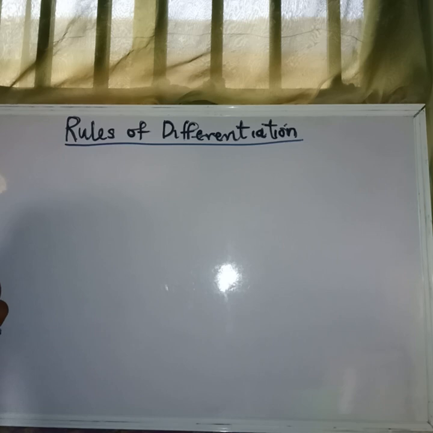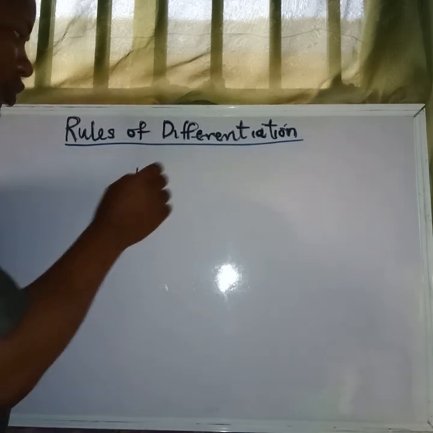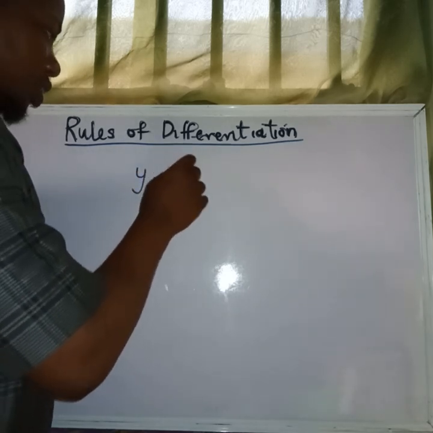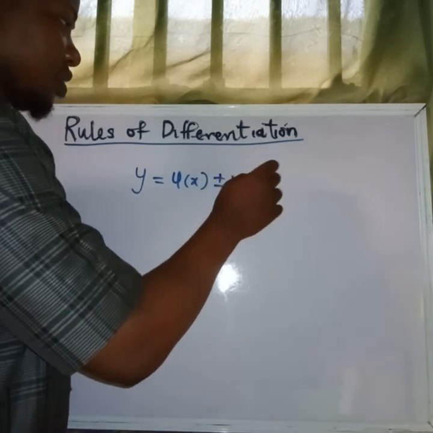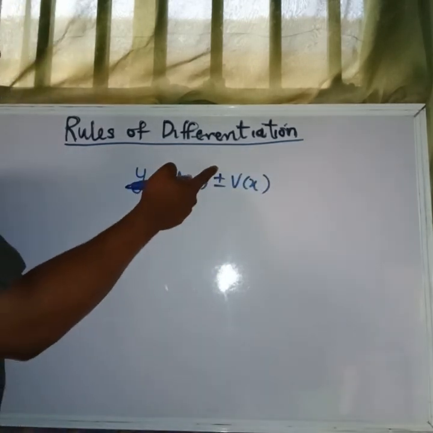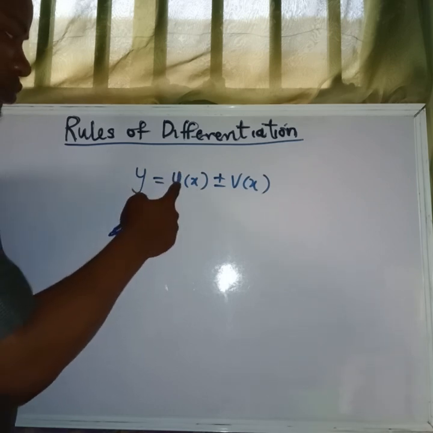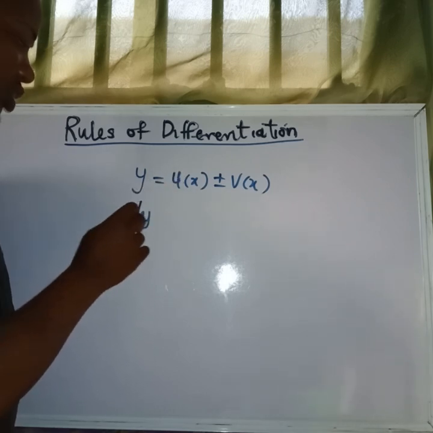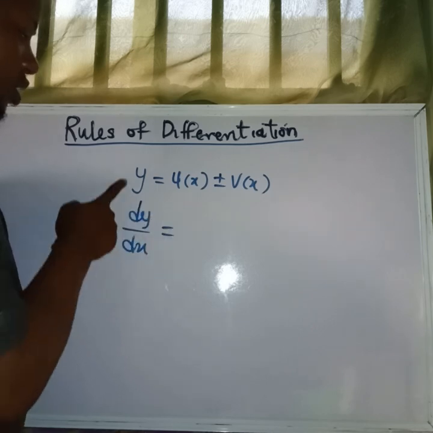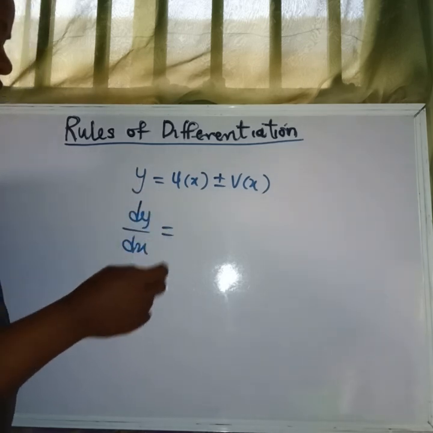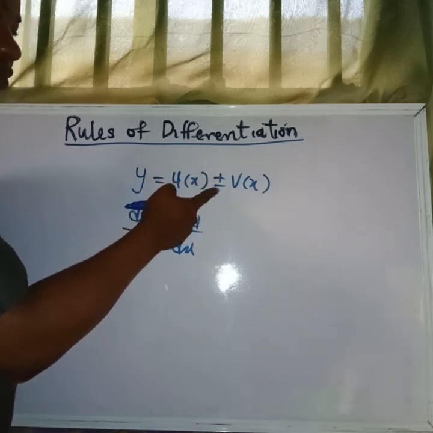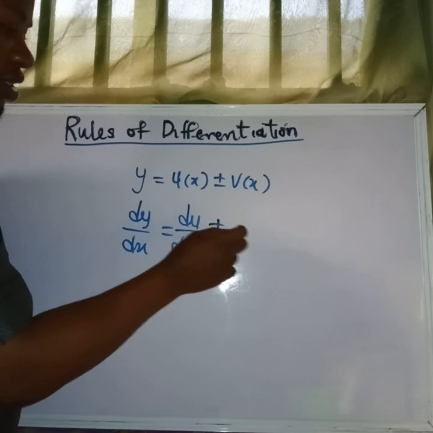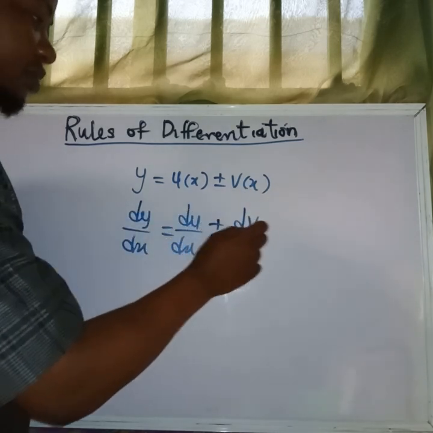You will recall that when we have two differentiable functions, u of x and v of x, under addition and subtraction, the derivative of this function y means du dx, and this sum and difference will be preserved, so dv dx.